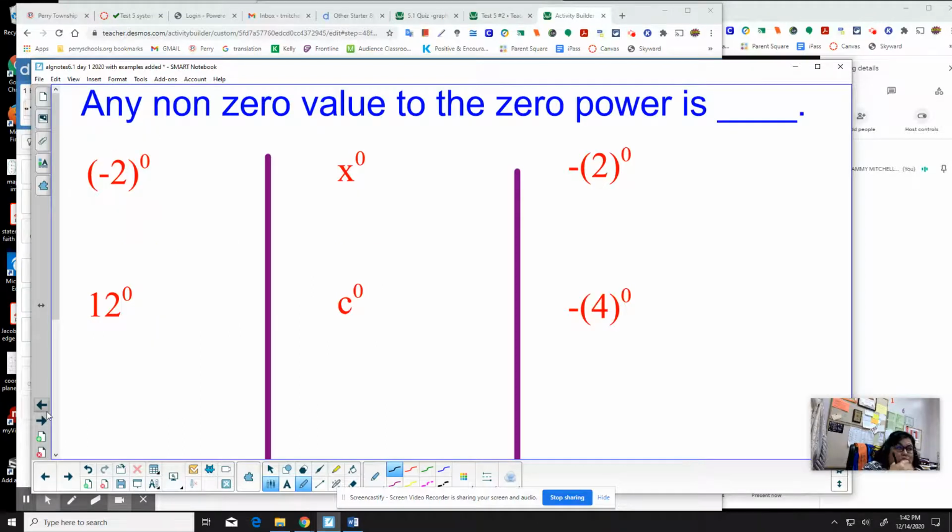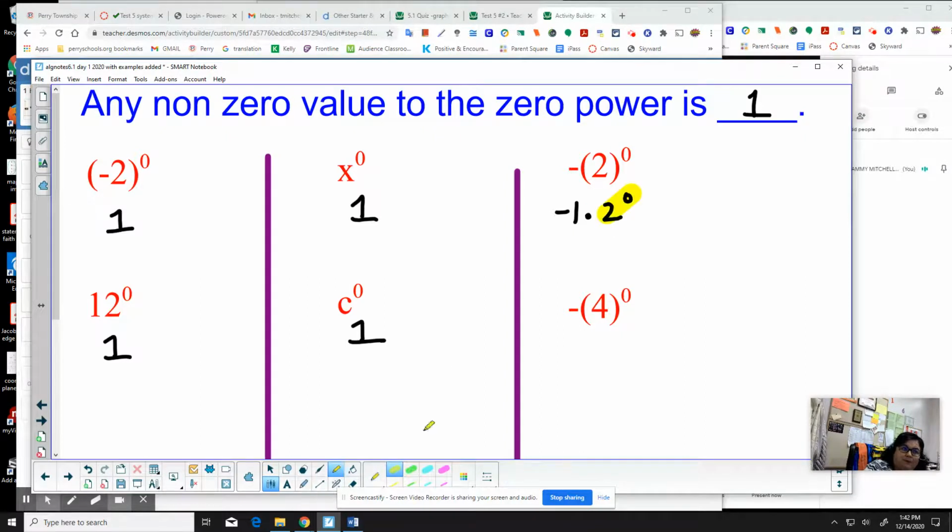All right, the first rule: any non-zero value to the 0 power is 1. So most of these are to the 0 power, and you could check it by putting it into your calculator on the numbers. Not so much with the letters, but just knowing the variable to the 0 is 1. Now these over here say -1 times 2 to the 0.